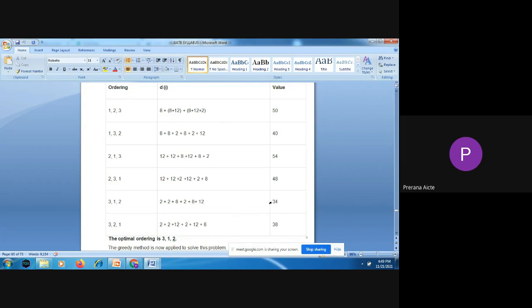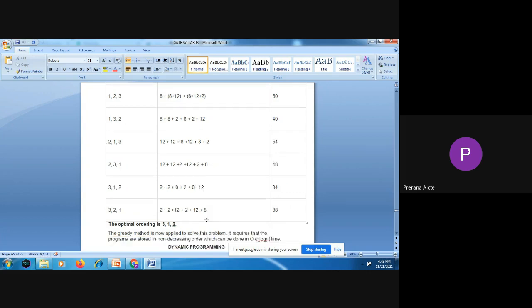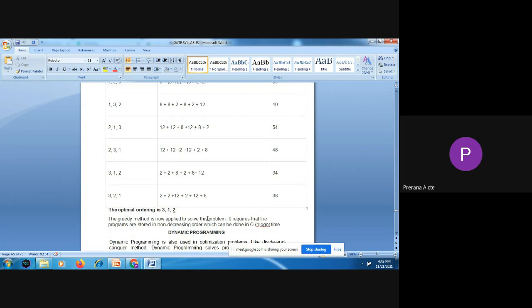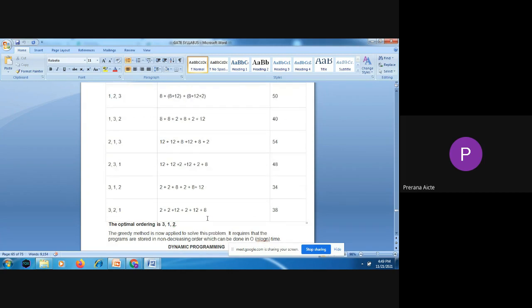So its average, 34 by 3, is the time required to retrieve the programs. If we store in the order 3 1 2, we can retrieve in less time, so we will follow this order. The optimal solution is 3 1 2. So these are the different solutions that come under the greedy method.